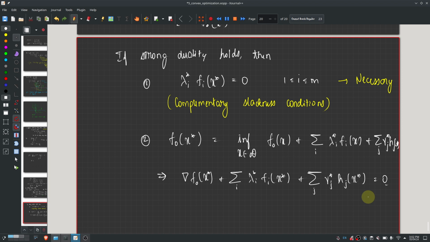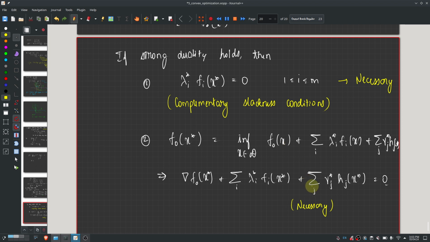If these functions are not convex, then potentially you can have other stationary points other than the points of minimum. But this becomes sufficient if all of these fi's are convex. If fi's are convex, f0 is convex and hj is affine, then this also becomes a necessary condition.